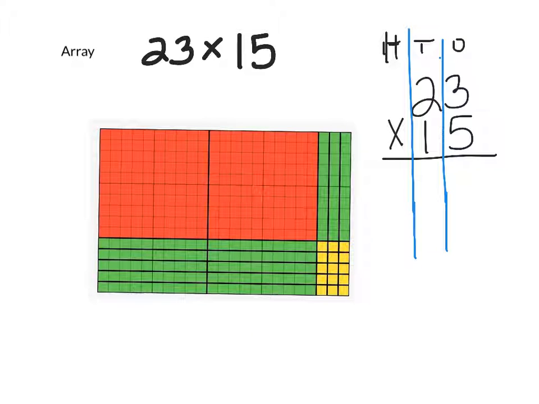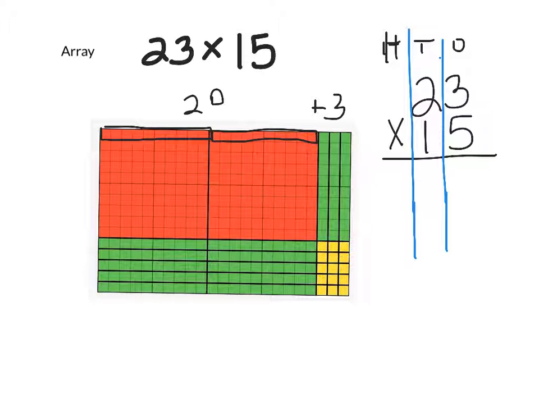The next array that I'm going to model is 23 times 15. So I've got my array built already, but let me just refresh our memories on what the array models actually. So this top row is 20 plus 3 for 23. And we know this is 20 because along the top here I have 1 ten and 2 tens, and then 3 ones.